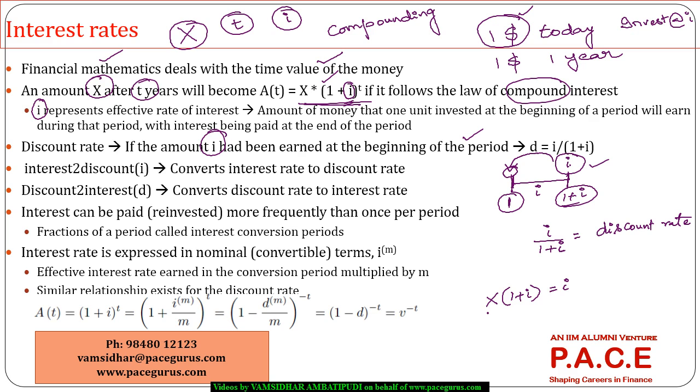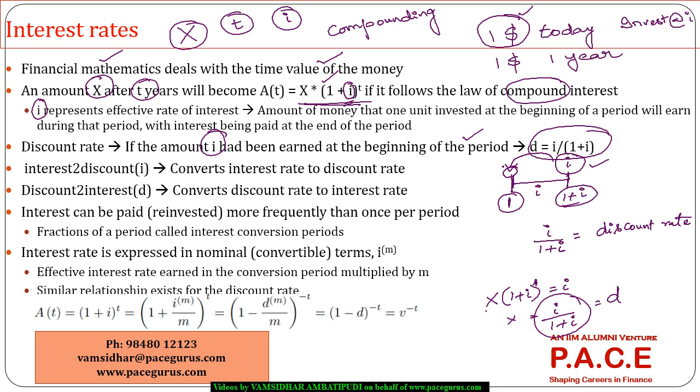Computing this x gives i by 1 plus i, which is represented as d and is also called the discount rate.